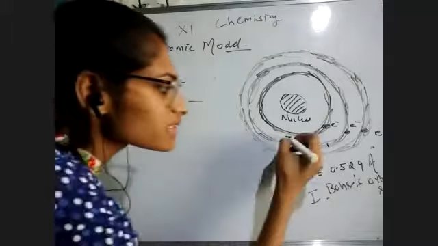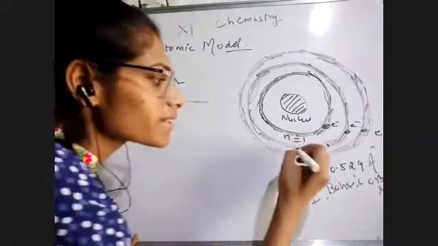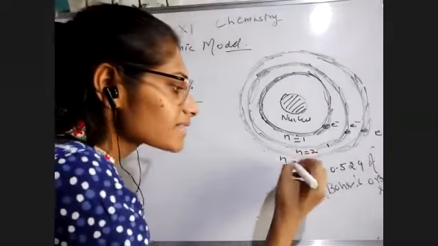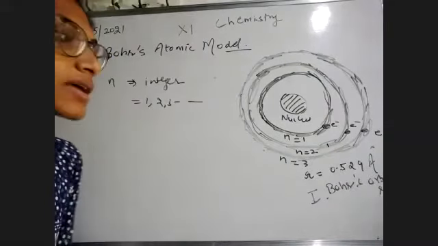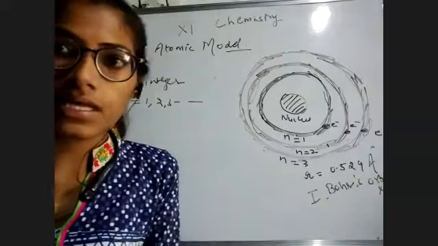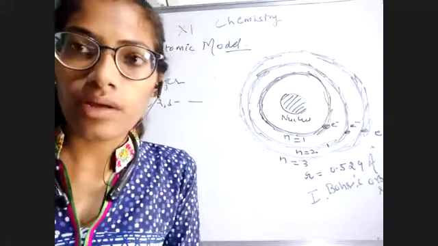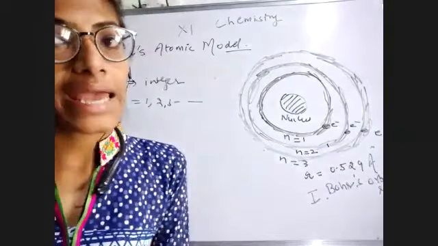That means n equals 1 represents the first orbit, n equals 2 represents the second orbit, and n equals 3 represents the third orbit. So now you can easily get why I said that angular momentum is an integral multiple of n h upon 2 pi.